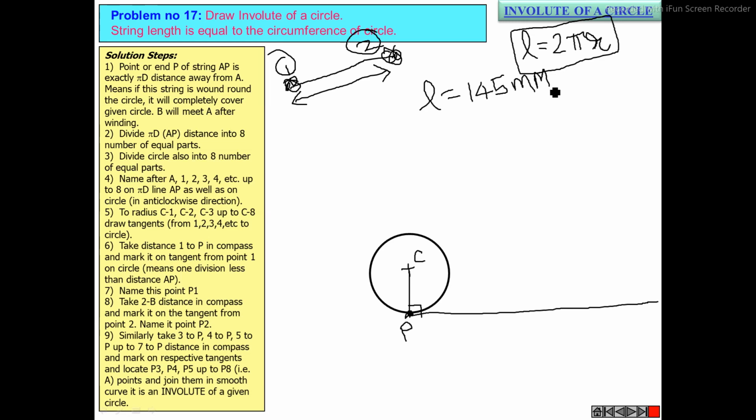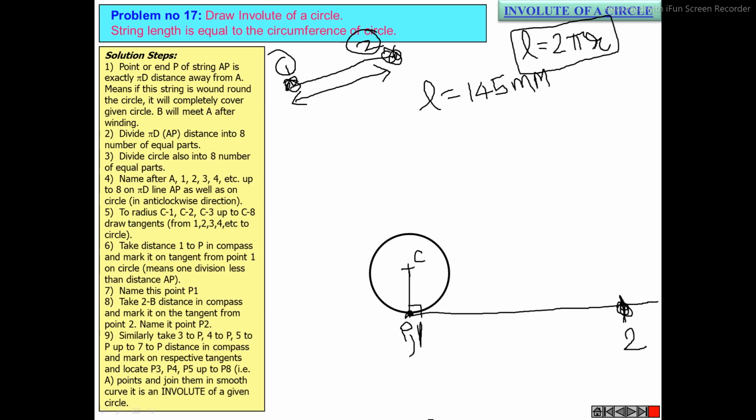With the help of the scale, you will place one leg of your compass at point P, and on this infinitely long tangent line you will cut an arc of length 145 mm. Say that arc length point is this point. So this point is your point number 2 of the given thread 1 2, and this point P will be your point number 1.